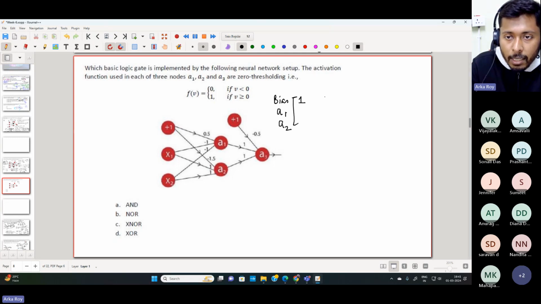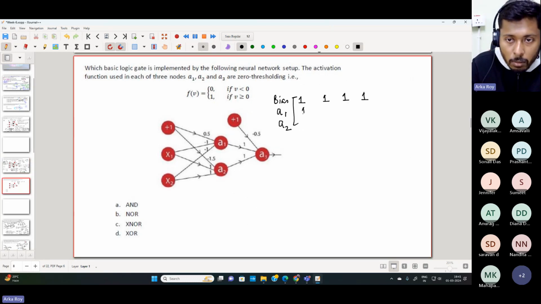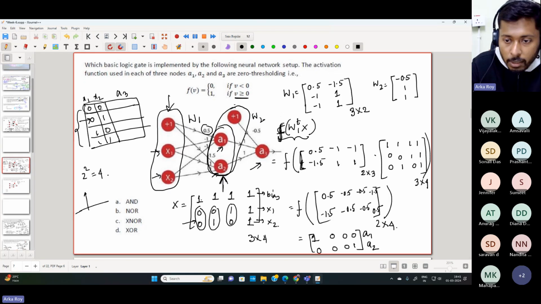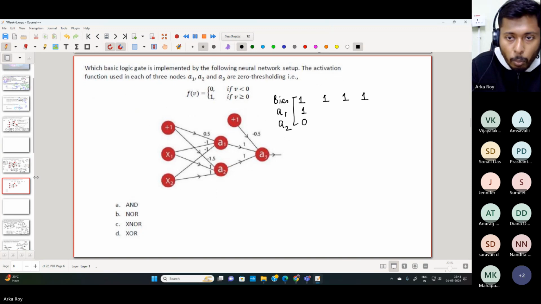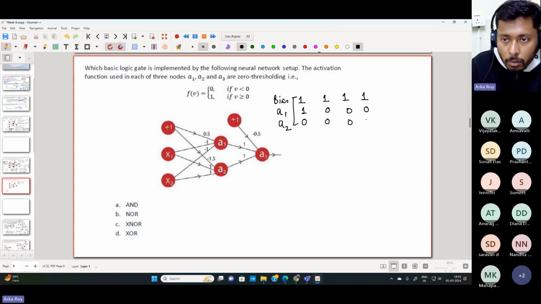For each case, the bias value is 1, and the A1 and A2 values we have just calculated. So for the first case, it is 1, 0. In the second and third cases, this is 0, 0. And in the last case, this is 0, 1.